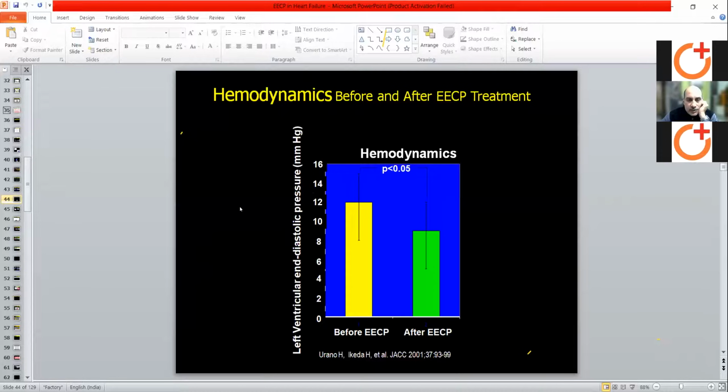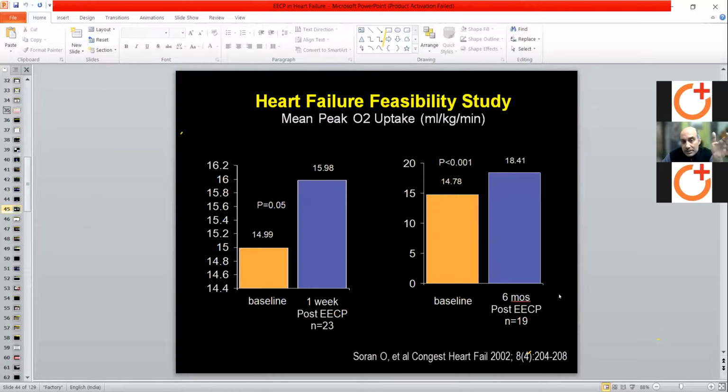There is data also to suggest that left ventricular end diastolic pressure during the counterpulsation substantially reduces after counterpulsation, which is again a marker of heart failure. So there is lab data to suggest that the heart failure markers do improve after counterpulsation, ischemic reasons or non-ischemic reasons.